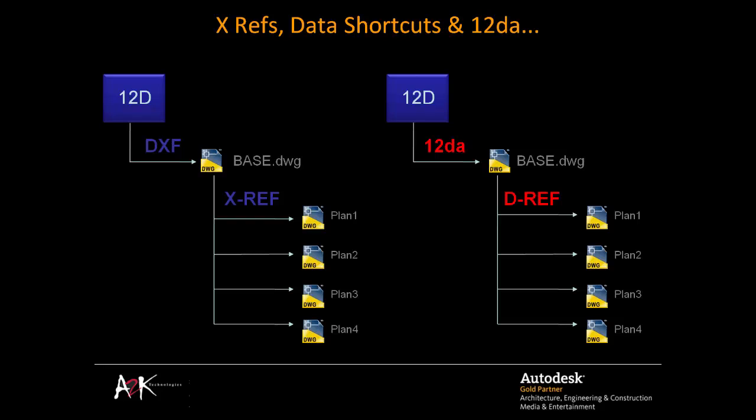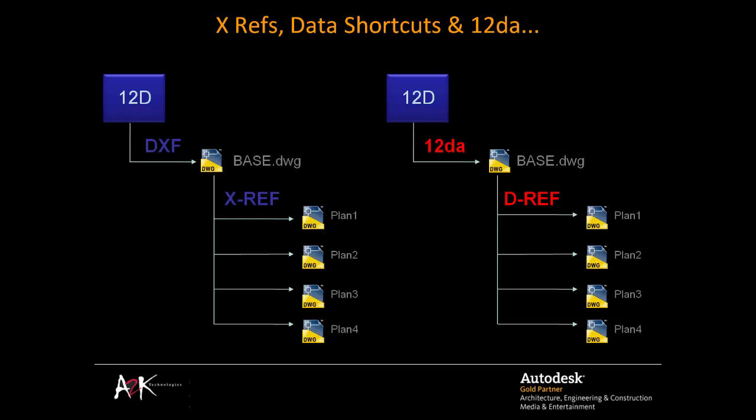All we're changing is that getting from 12D to the base drawing is done via a 12D ASCII export, and you use derefs in combination with XREFs if you want to form the plan drawings. So that just gives you more flexibility and more power.